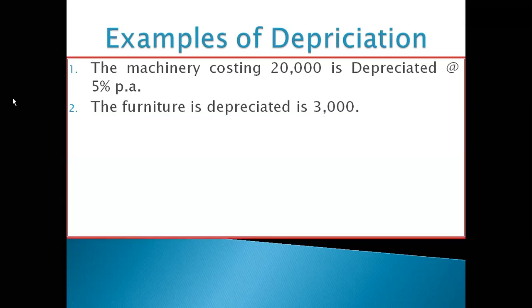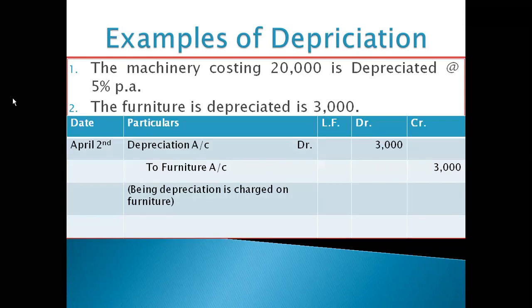So next example is the furniture is depreciated 3,000. Here the amount of depreciation is given directly, while in the above transaction the amount we have to look out for. So the transaction will be recorded as depreciation account debit 3,000 to furniture account 3,000. So the narration would be being depreciation is charged on furniture.